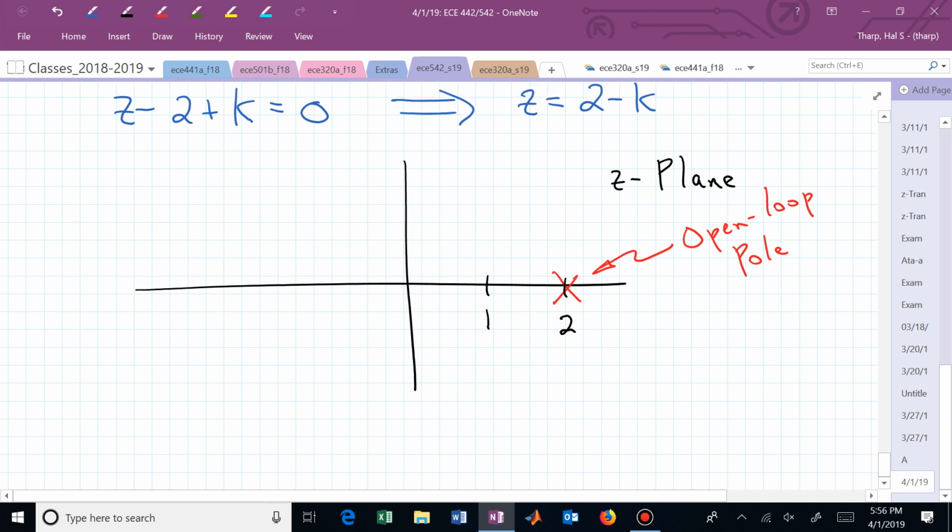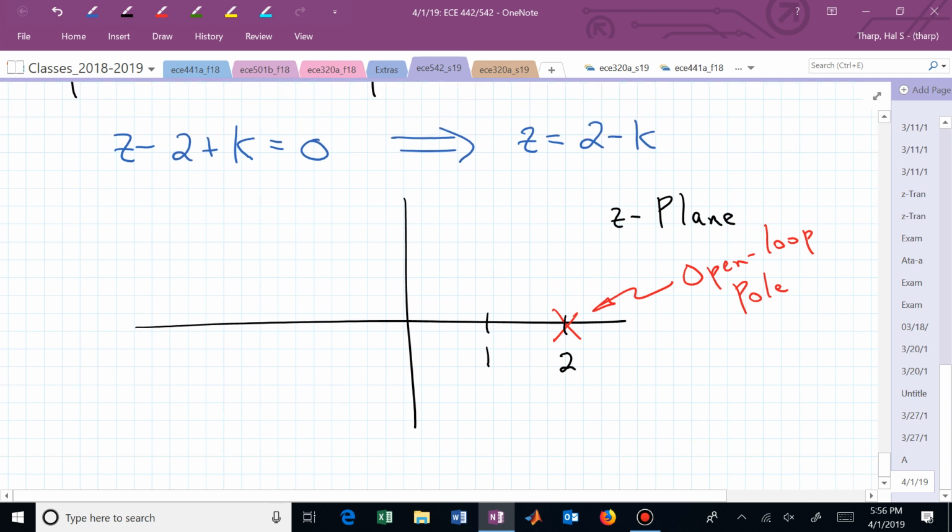What happens when k is equal to 1/2? Where will we live in the complex z-plane? If k is equal to 1/2, you can just solve that z equation and say z is equal to 2 minus 1/2. This is heady math stuff, isn't it? I was talking earlier about math, and I said algebra is very important.